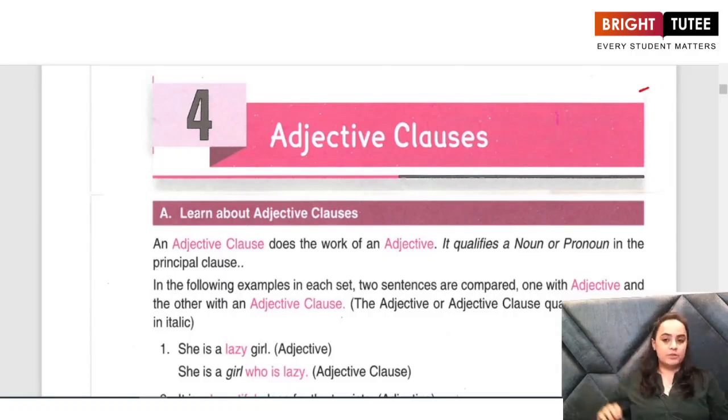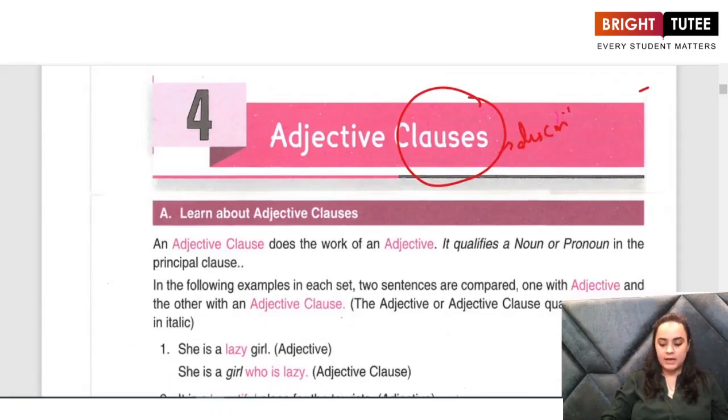In this chapter, we shall be learning about the adjective clauses, that is, the clause which describes something. A clause which describes something is an adjective clause. Right? Let us learn more about the same.